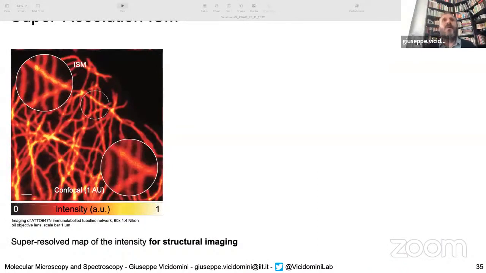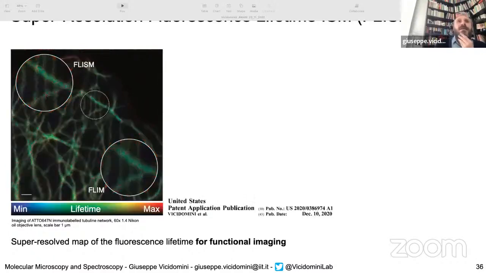Now that we have this card, we can combine image scanning microscopy with lifetime information. Here is again an example of imaging of tubulin in which you can appreciate the improvement of resolution when you use the spatial information provided by the detector array. Now we can also overlay the fluorescence lifetime information.